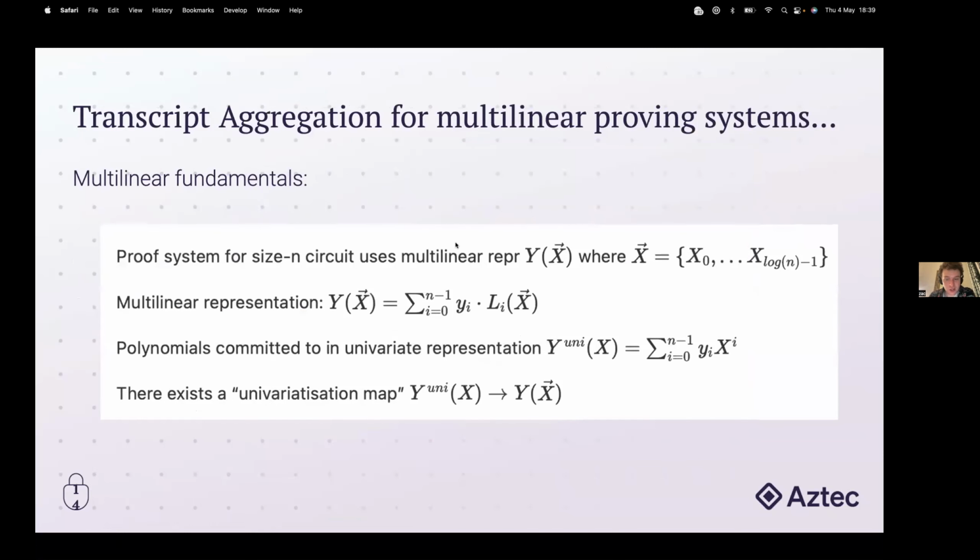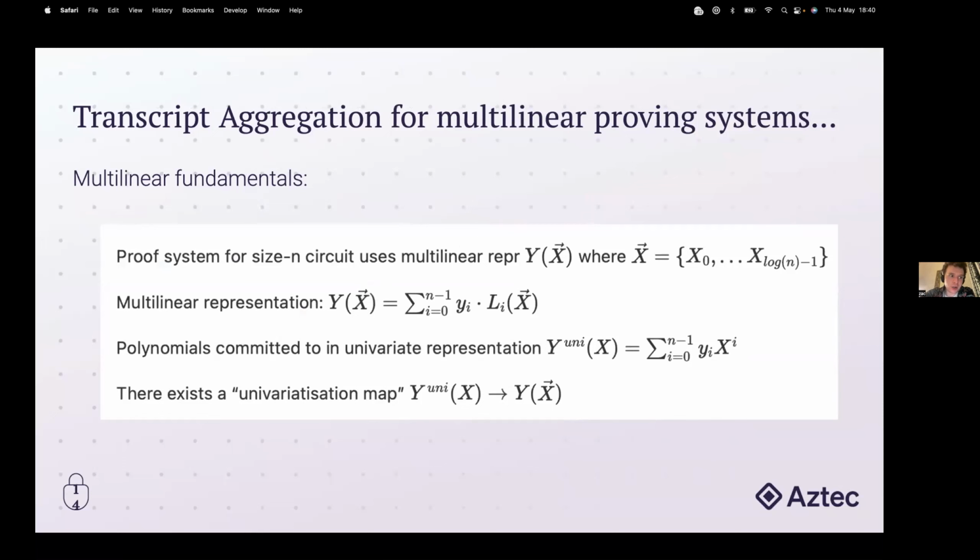And so here's just a little bit of an aside for if you're using a multilinear proving system: how do you aggregate transcripts? Because it's really nice and simple. If you're using a multilinear proving system like PLonK or PLonK, which is still not yet published, but we'll see. The idea is that your sum check requires multilinear polynomials, but multilinear polynomial commitment schemes are not the best. They're very painful. But there's a very nice technique that was applied in the Gemini paper.